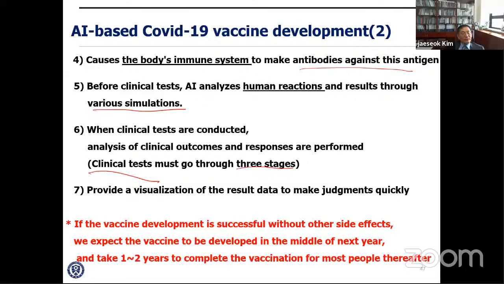It also provides a visualization of result data to make judgments quickly. If the vaccine development is successful without other side effects, we expect the vaccine to be developed in the middle of next year and take 1 or 2 years to complete the vaccination for most people thereafter.